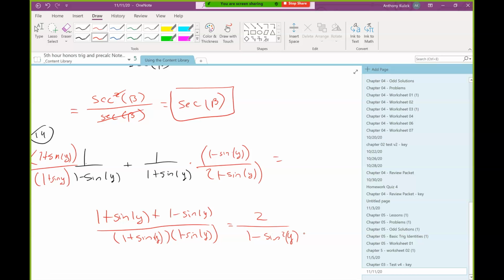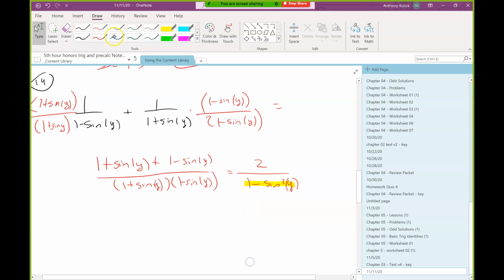So far, so good. And now this isn't quite there, but it's pretty close, right? Notice that if I subtract the sine squared from both sides, that's now what I have. Everybody see that?